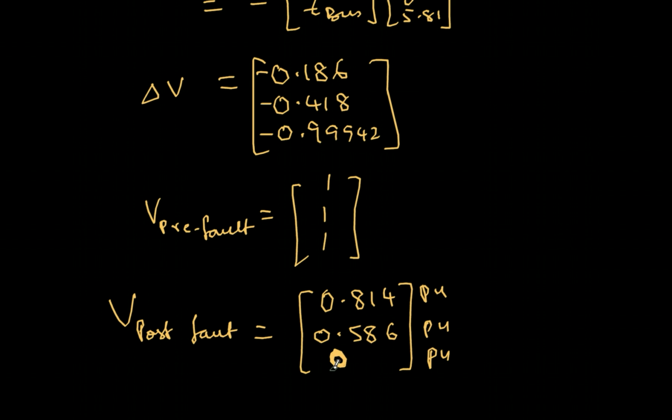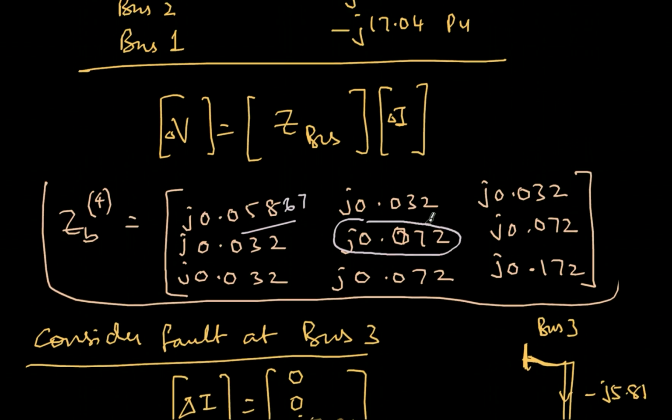The bus 3 voltage almost died, whereas the bus 1 voltage reduced only up to 81%, and the bus 2 voltage reduced only to 58%. Earlier it used to be 1 per unit, it became this one. So this is how we calculate the reduction in the voltages, or post-fault voltages.